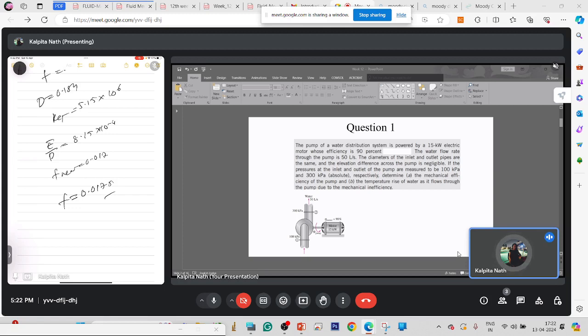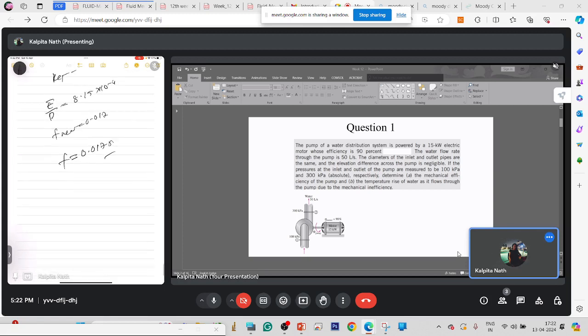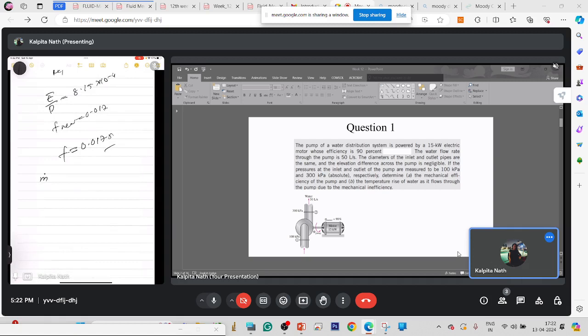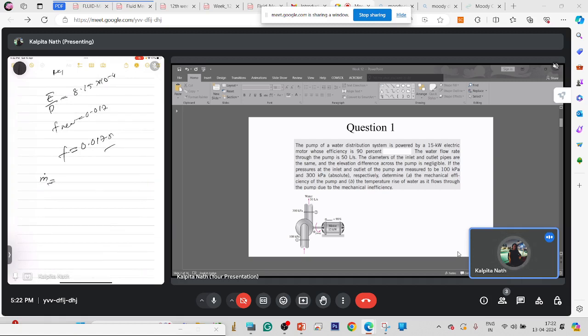What will happen first? The mass flow rate of water through the pipe is written as density into volumetric flow rate. So that is 1 kg per liter into 50 liter per second, so that is 50 kg per second.